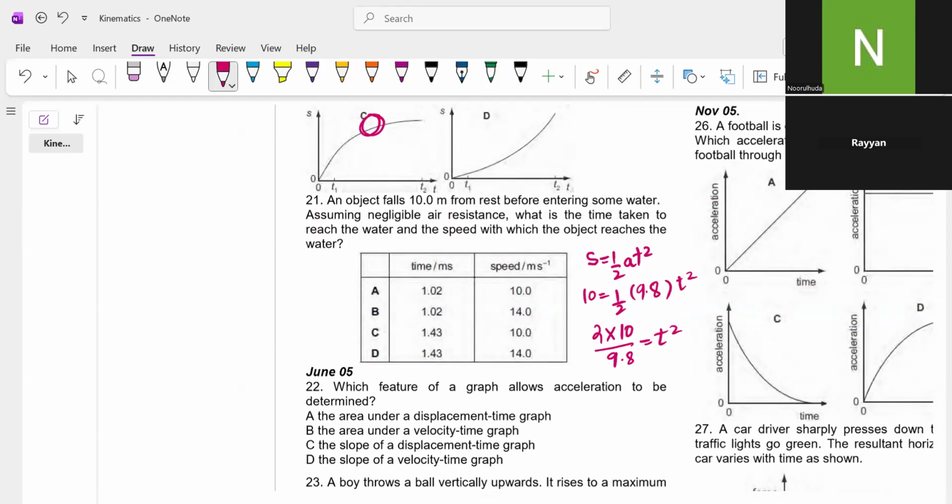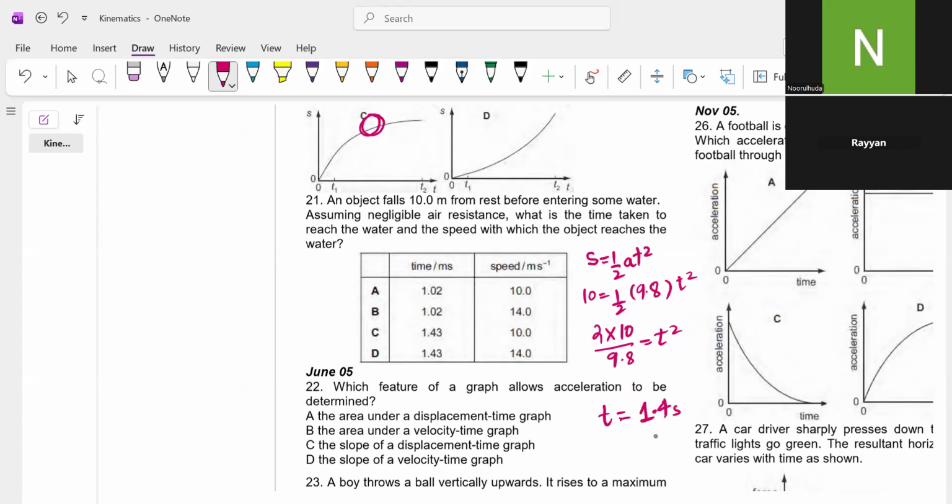Solve this: it will be 2 into under root 2, and under root 2 will be 1.4. Yes, it's 1.4.